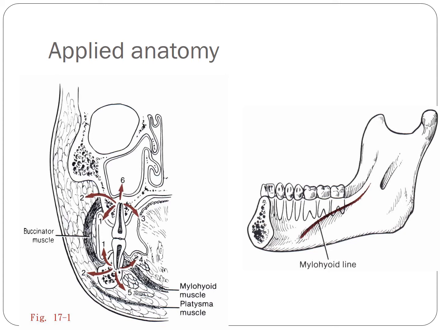If the infection spreads below the attachment of the buccinator muscle, it will manifest as a vestibular abscess. You will see a bulge in the vestibule. So that is called a vestibular abscess. If the infection spreads above the attachment of the buccinator muscle, it can go into the buccal space, and the infection also can spread superiorly into the maxillary sinus, and it can spread mesially into the palate, and it will be seen as a palatal abscess.